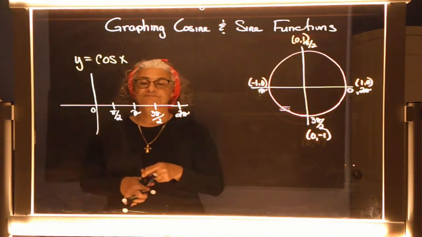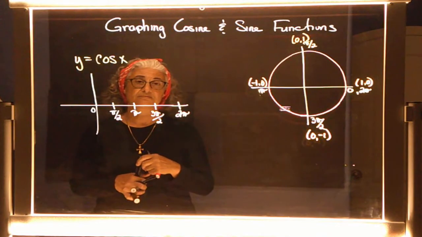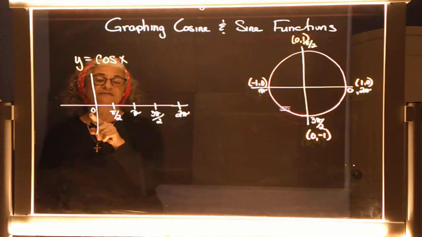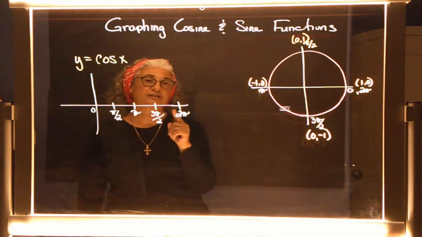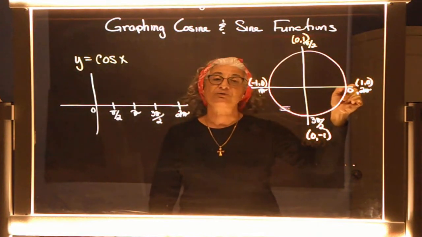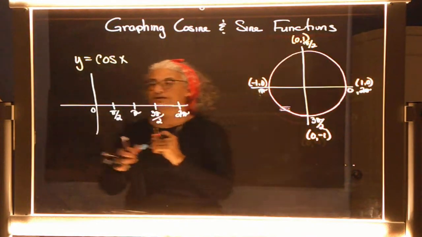So now, I would like to graph the cosine function. And the first thing I'm going to find is the cosine of 0 radians. Remember, the cosine function deals with the x-coordinate. So in this case, at 0 radians, the x-coordinate is what? Yeah, the x-coordinate is 1.